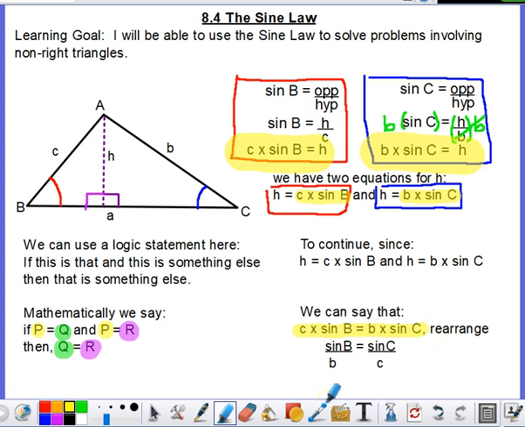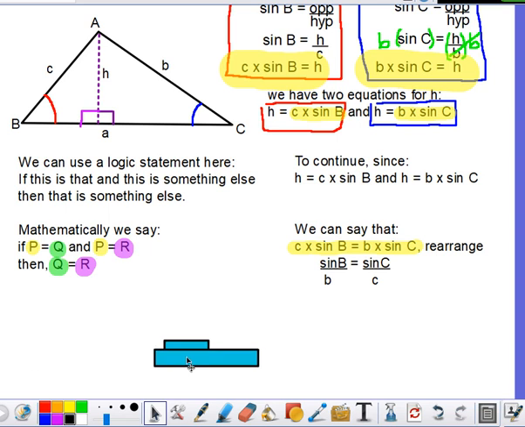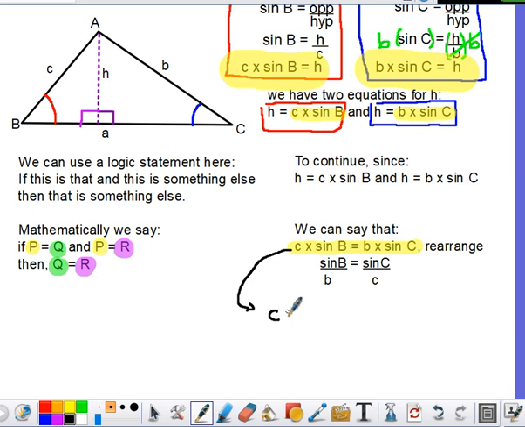Now, what we can do here is rearrange the equation. If we have C times sine of B, and we're saying that equals B times the sine of C, we're going to divide each side by C. We're going to keep isolating.